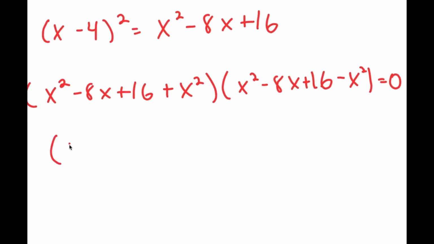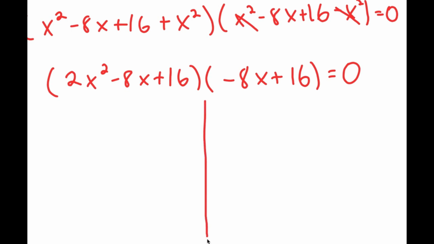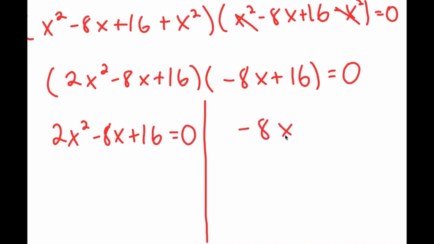Now x^2 + x^2 is 2x^2. So I get (2x^2 − 8x + 16)(−8x + 16) = 0, because the two x^2 terms cancel out. And now I get two equations: 2x^2 − 8x + 16 = 0, and −8x + 16 = 0.